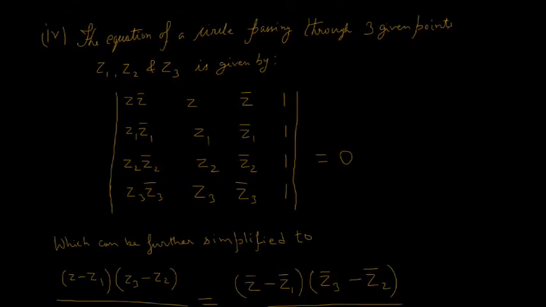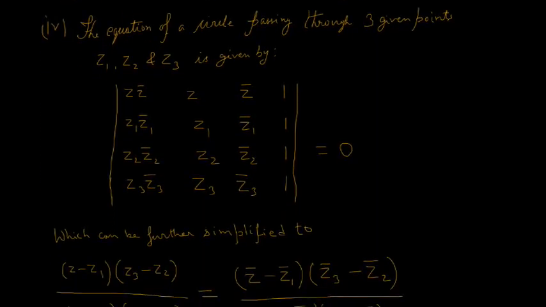Point number 6. The equation of a circle passing through three given points z1, z2, z3 is given by the determinant with rows z z̄ z z̄ 1, z1 z̄1 z1 z̄1 1, z2 z̄2 z2 z̄2 1, z3 z̄3 z3 z̄3 1, equal to 0.